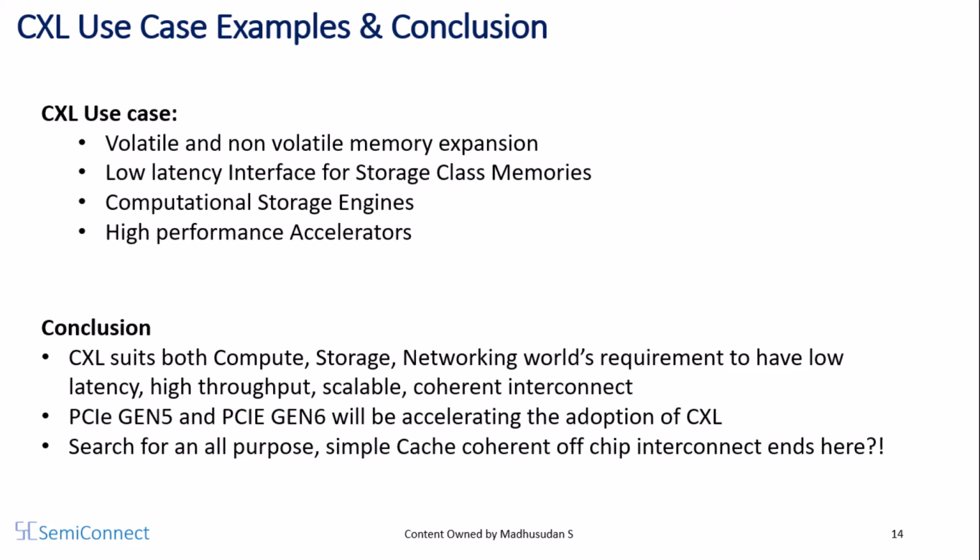And so PCIe Gen 5 and Gen 6, now that we have PCIe Gen 5 already released and Gen 6 work is going on, this will be accelerating the adoption of CXL. So in a way, we can say the search for an all-purpose, simple, cache-coherent off-chip interconnect ends here. Right? So we can say that.